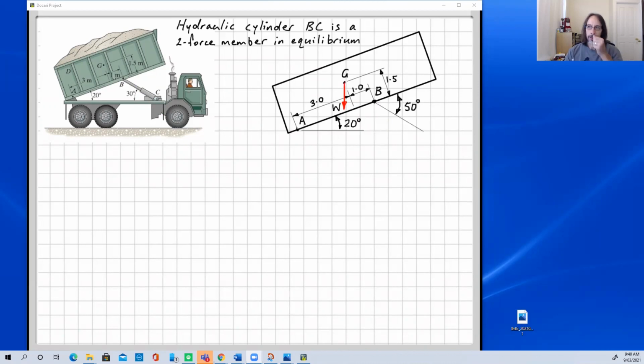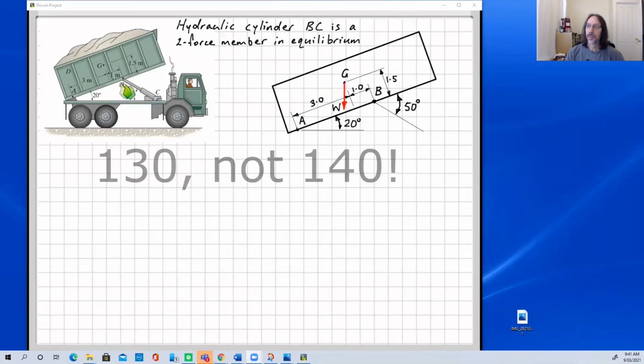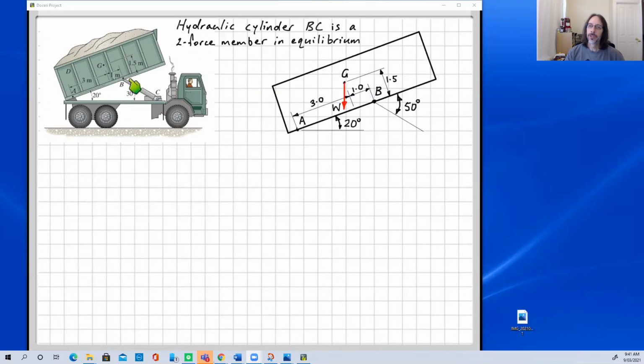I've indicated that angle is 50 degrees from the bottom of this dumpster, and we can see that because we've got 20 here, 30 here. This angle here will be 140. This alternate angle, I think that's what you call it, here will be 50. So this angle out here will be equal to those two angles on the inside of your triangle.